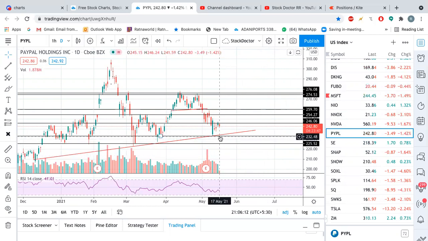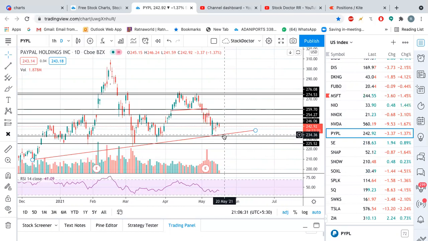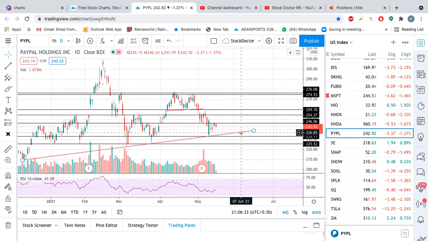So it has the horizontal support between 233 to 225, and trend line support is lying here. So for me, if I would be buying PayPal, then definitely it should be around between 233 to 225, and the target would be 254 and 259.